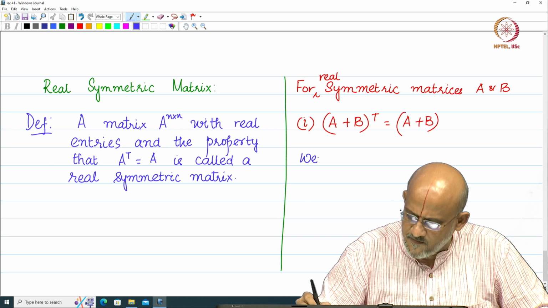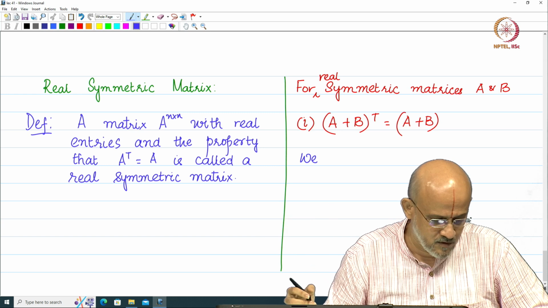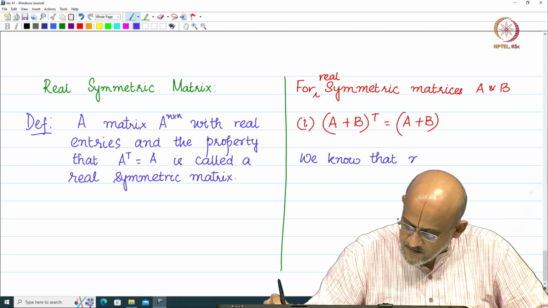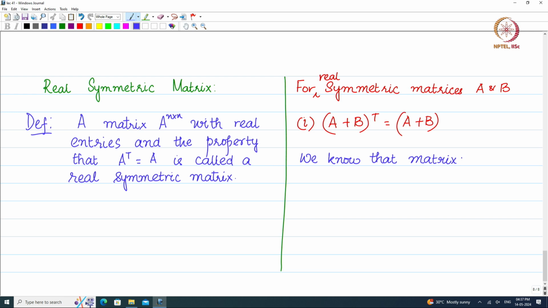We know that by commutativity of matrix addition, A plus B is B plus A. Matrix additions commute, which implies A plus B is equal to B plus A. We also know, from the first few classes of this course where we studied matrix operations, that the transpose of the sum is nothing but the sum of the transposes of the matrices.